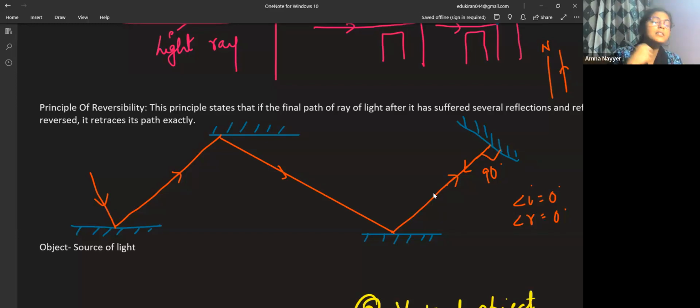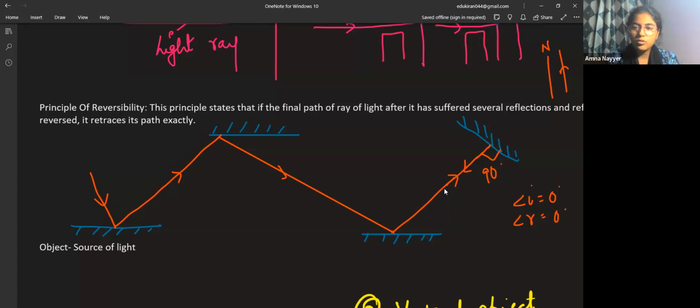Now, what is the principle of reversibility? Suppose this was a situation and this happened. The principle of reversibility says that if a light ray is retracing its path and it has already suffered several reflections, it will retrace the path in the exact manner in which it had been incident.